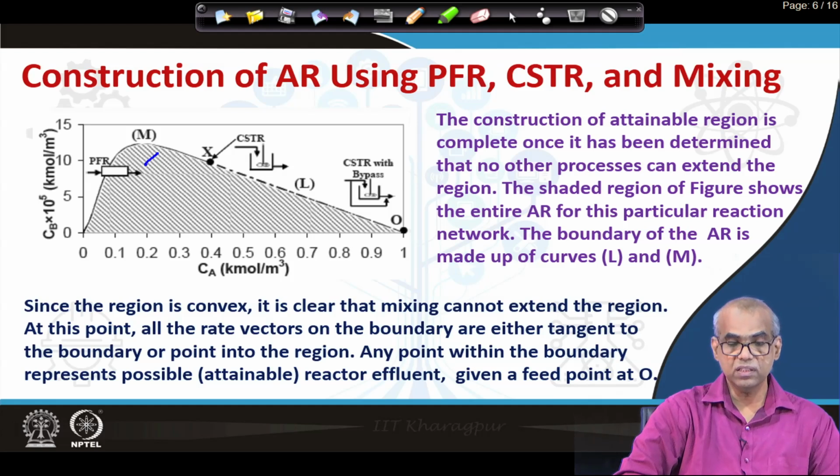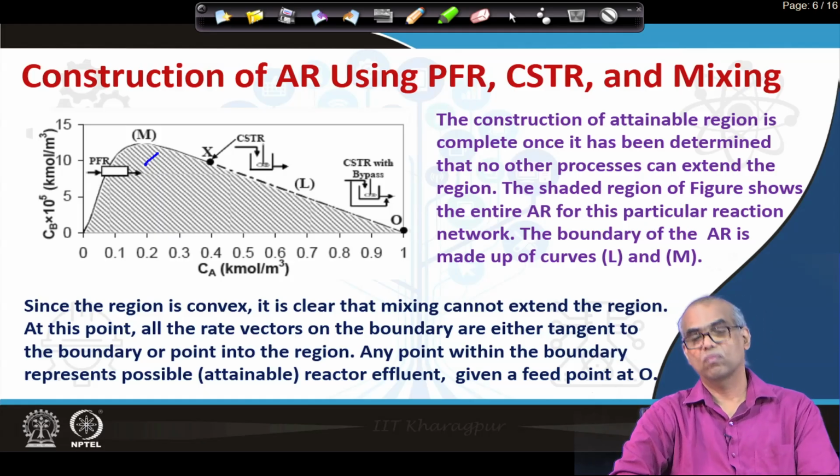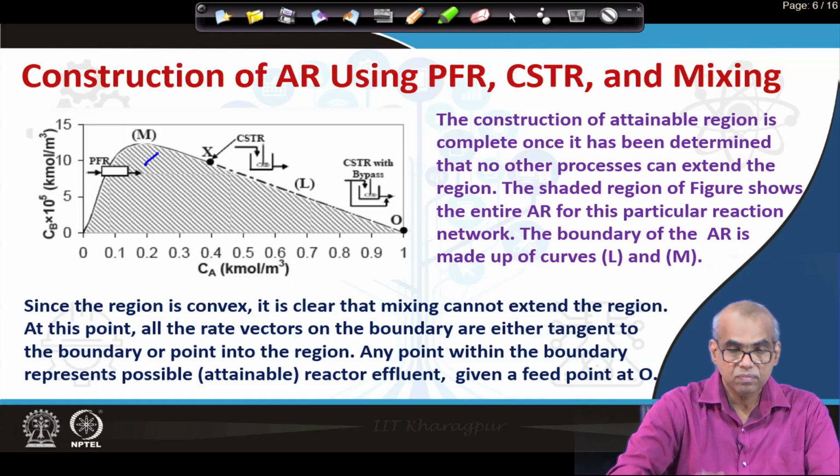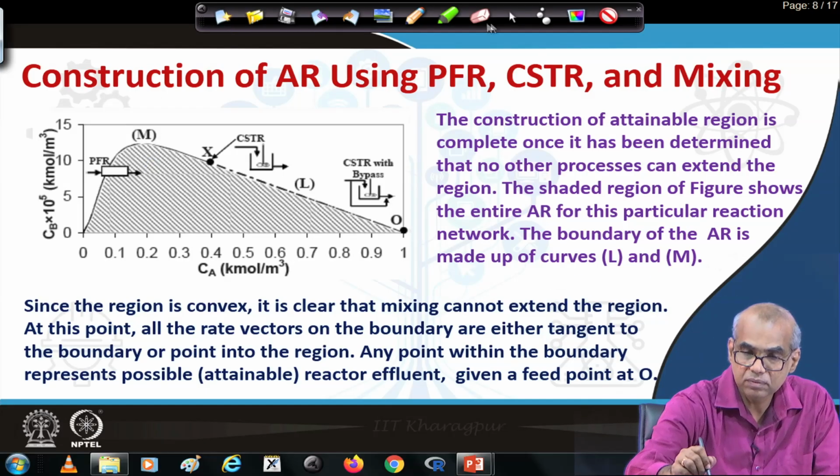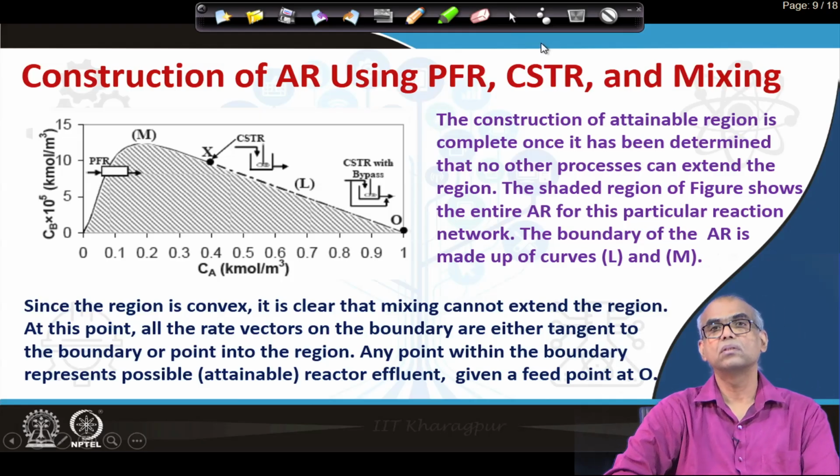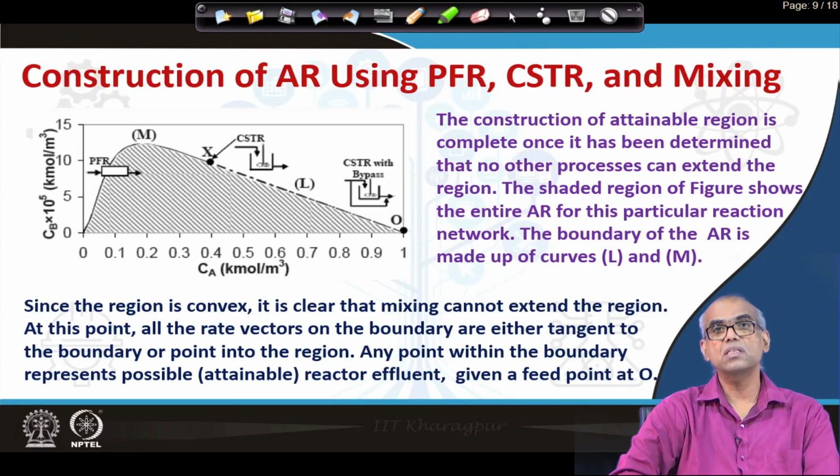Any point within the boundary represents an attainable reactor effluent given a feed point at O. So, given the feed point as indicated by point O, any point within the shaded region is attainable.